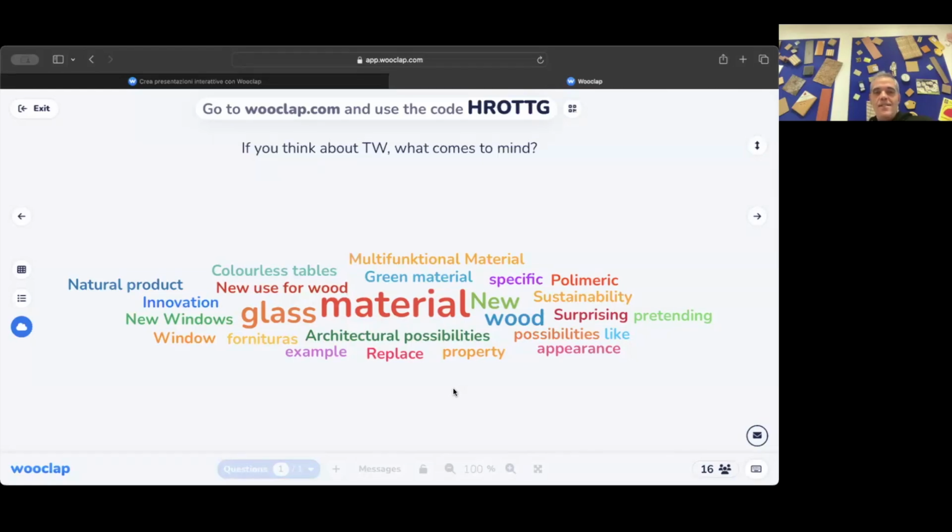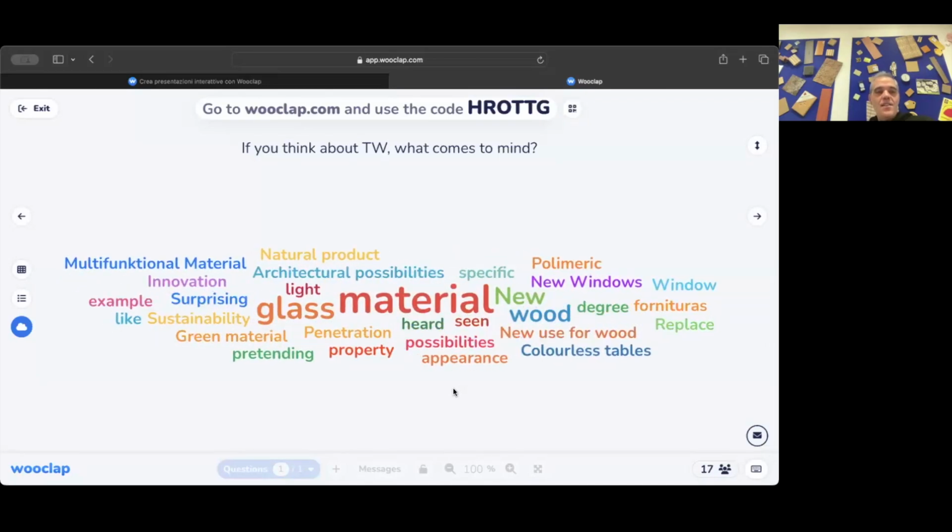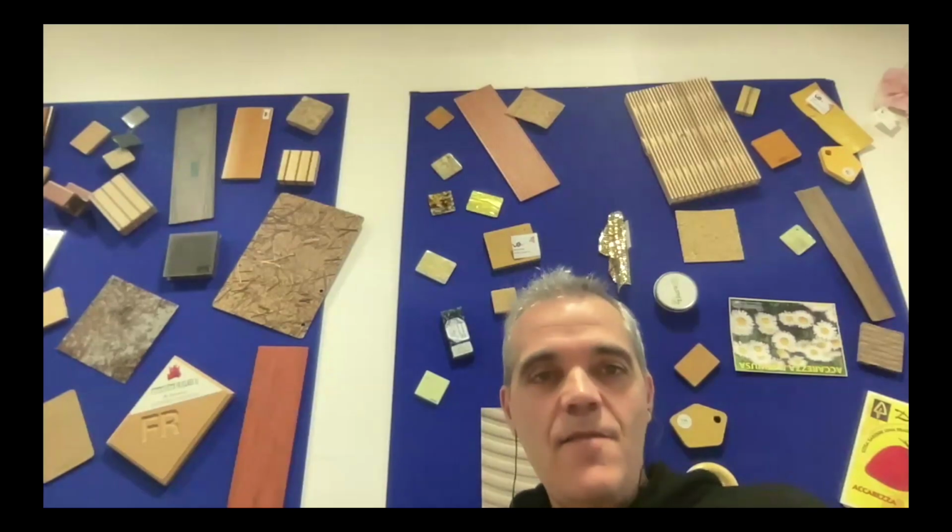And also it's quite funny to see that some people have already in their mind some possible applications of the transparent wood. Well, good. Okay, you see the answers were quite heterogeneous, but it's reasonable to collect such comments.